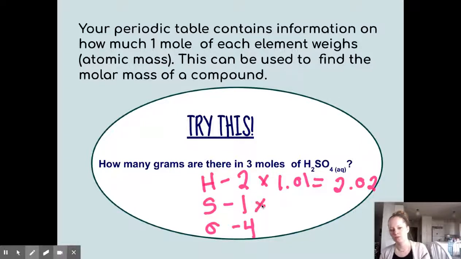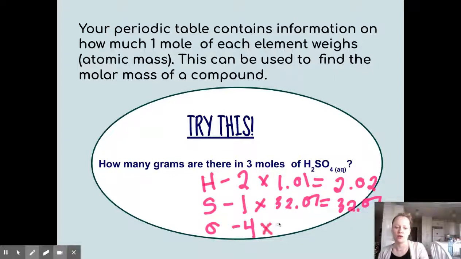Sulfur, the atomic mass, should be 32.07. Because there is only 1 of them, I don't have to do any fancy multiplication. This is just 32.07. Okay.